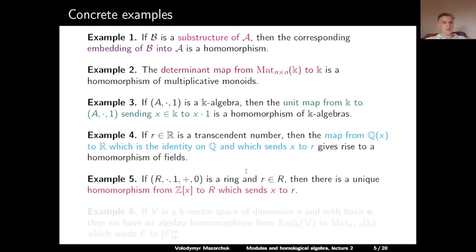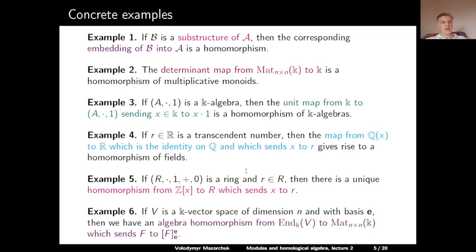Example 5: if R is any ring and little r is an element in R, then there is a unique homomorphism from the ring of all polynomials with integer coefficients in the indeterminate x to R, which sends the indeterminate x to our element little r. This is very similar to example 4.